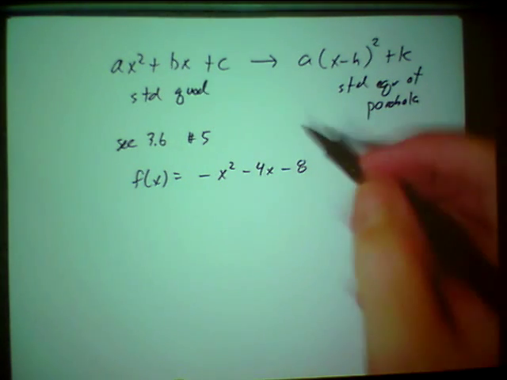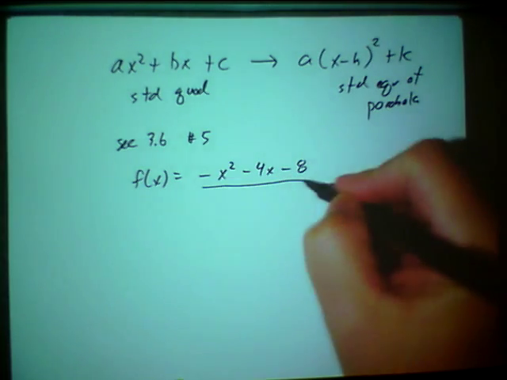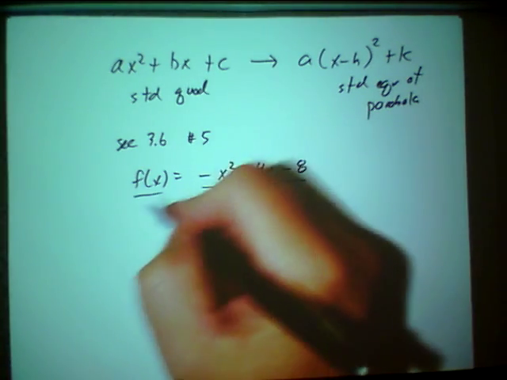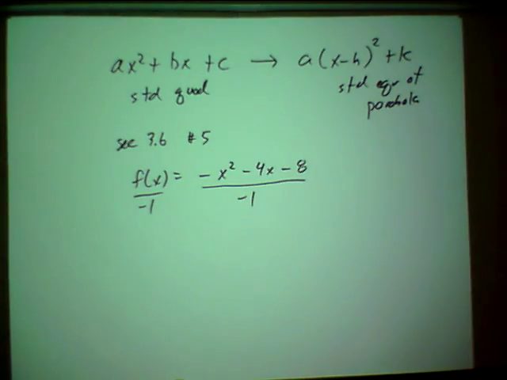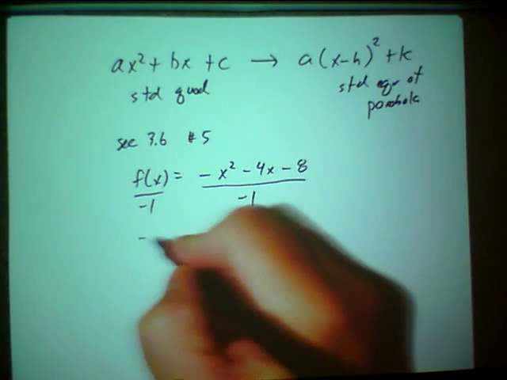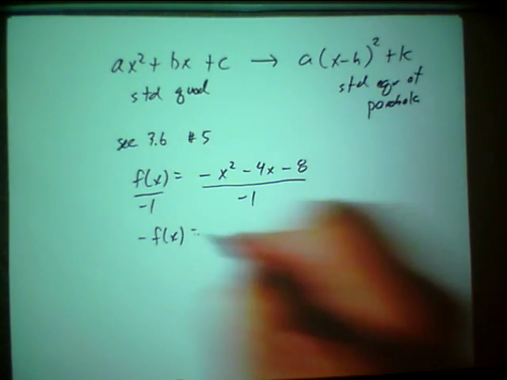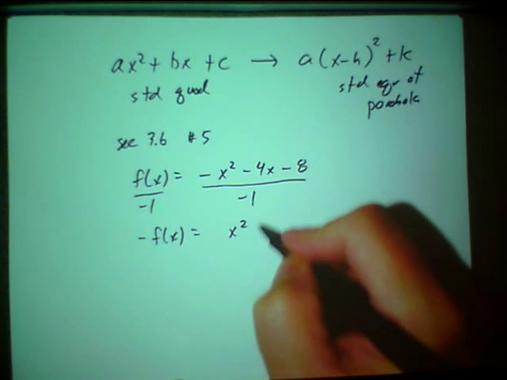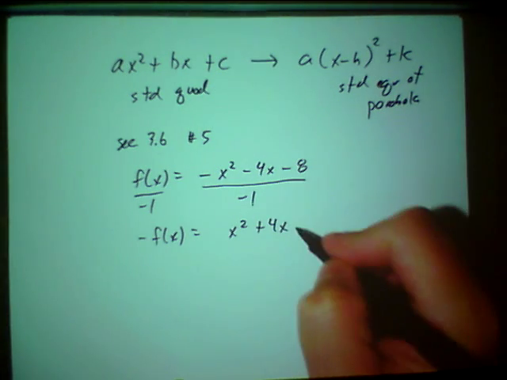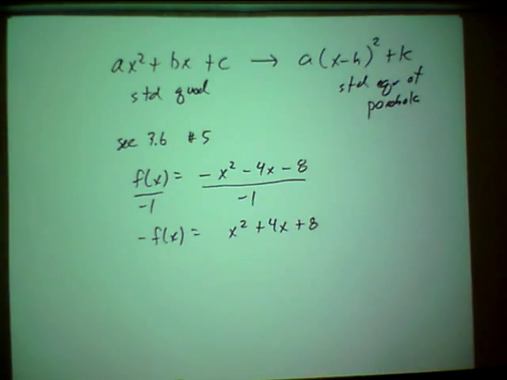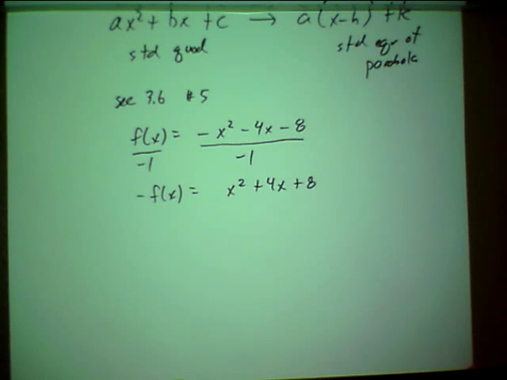So the way we're going to get rid of it, I'll just divide both sides by -1. So when I do that, I end up with negative f of x equals x squared plus 4x plus 8. So now I've completed the first step. I have no coefficient in front of my squared term.